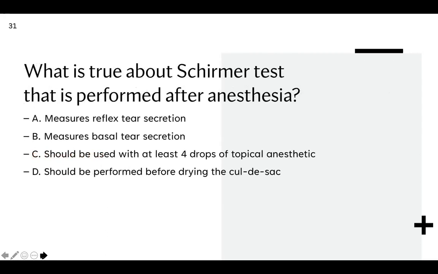What is true about Schirmer's test that is performed after anesthesia? A, it measures the reflex tear secretion. B, it measures the basal tear secretion. C, it should be used with at least 4 drops of topical anesthetic. Or D, it should be performed before drying the cul-de-sac.